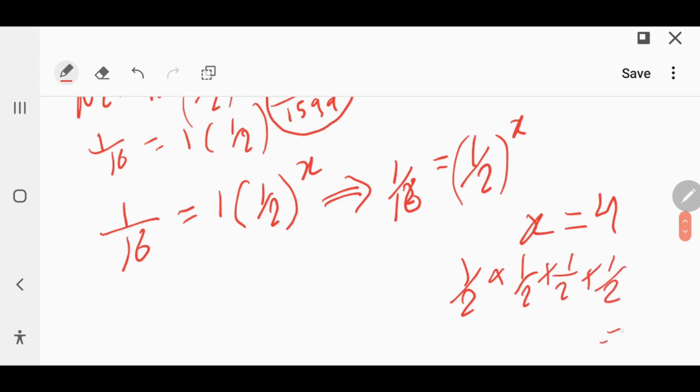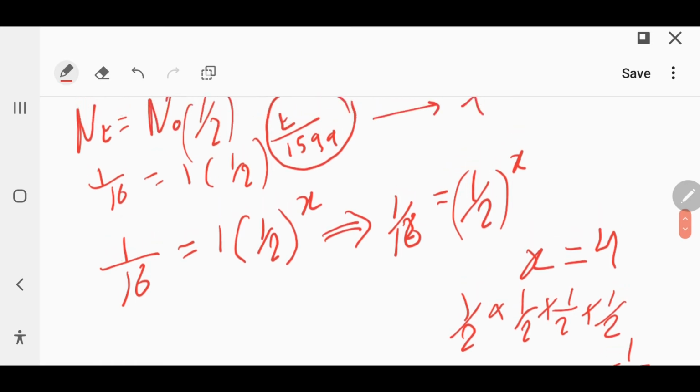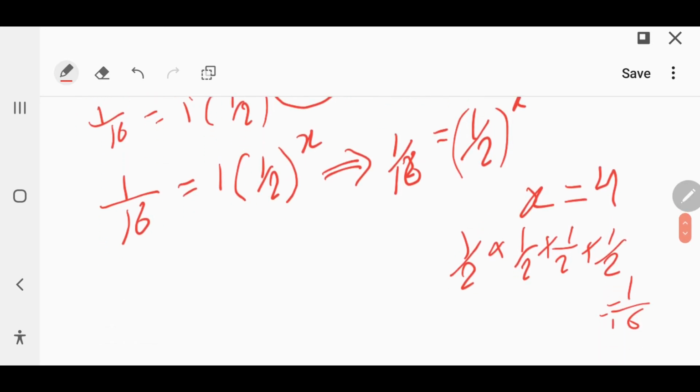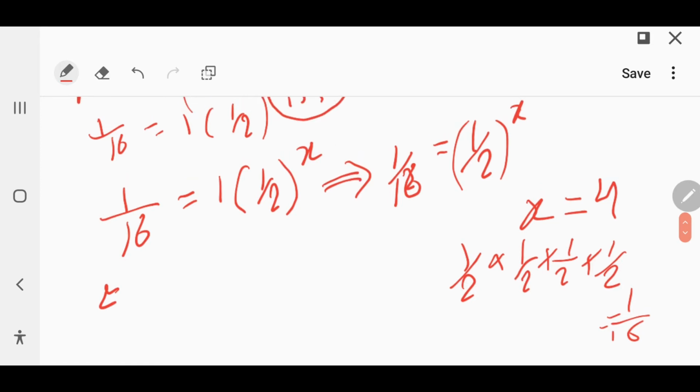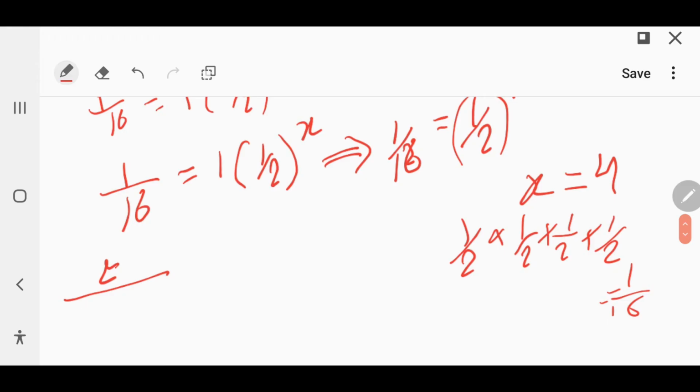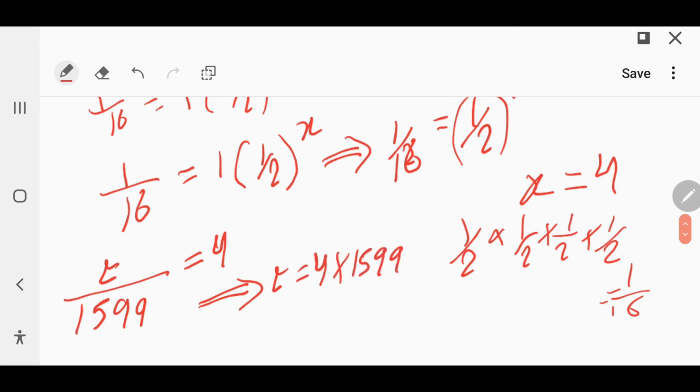So we just go back to x, which is t over 1599 equals 4, which means t equals 4 times 1599, which is, you can use a calculator, years.